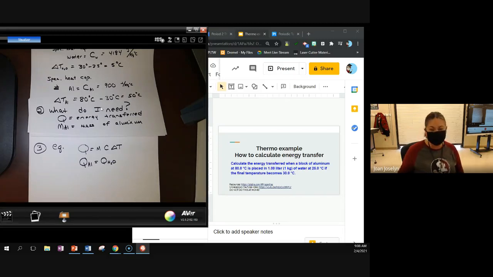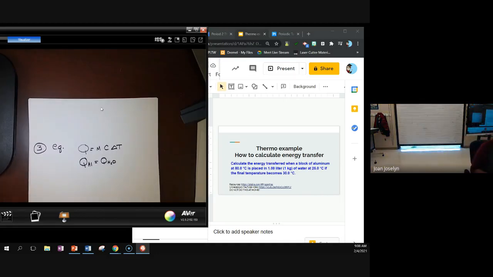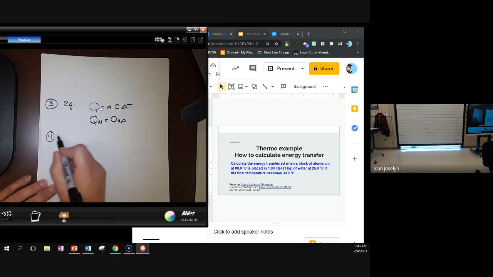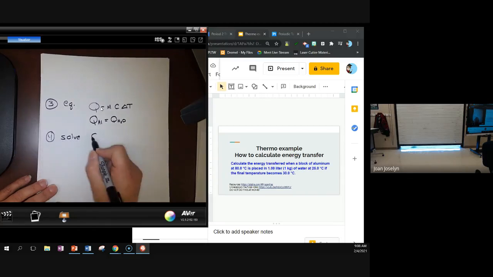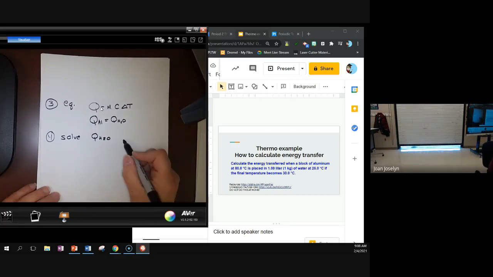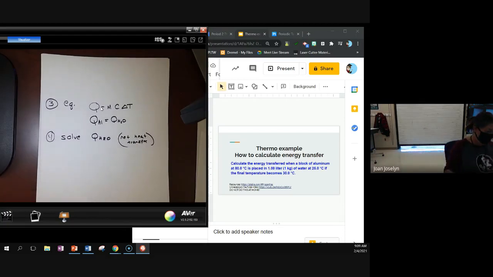The first thing we're going to do is solve for Q of water, energy transferred of water. So the energy transferred for water, or the net heat transfer, because this is thermodynamics and we are transferring heat.